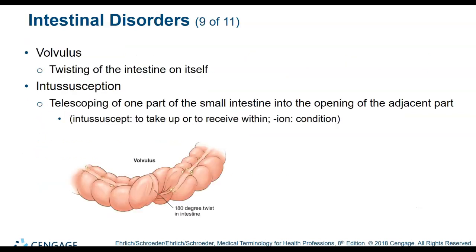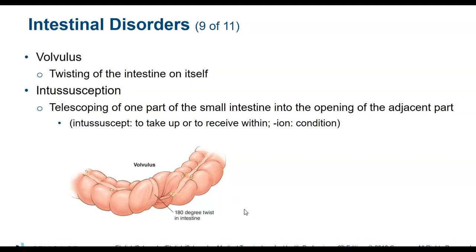Again, we talked about the intestinal blockages. A volvulus is a twisting of the intestine, and that is really problematic because it's going to cut off the blood supply, and anything past that can suffer death of the tissue of the colon, which is not a good thing.